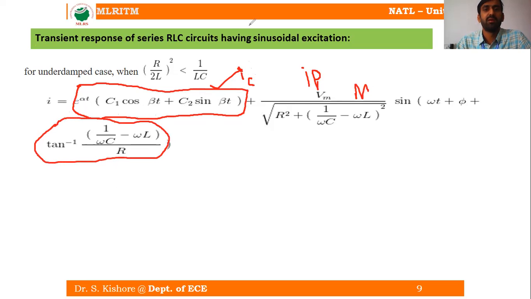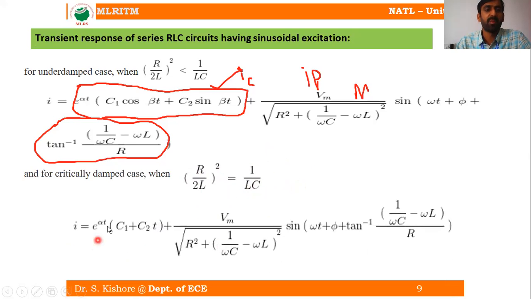And similarly, for the critically damped case, when R by 2L whole square is equal to 1 by LC, we come across the complementary function as e power alpha t into C1 plus C2 t. This is the equation which we already derived in the previous lecture for DC response. The same equation applies here for the critically damped case.